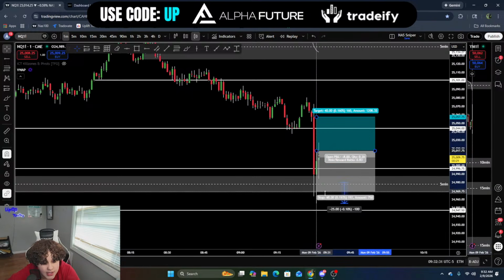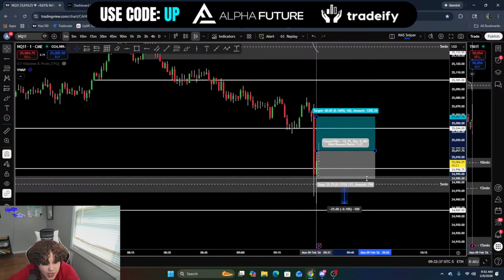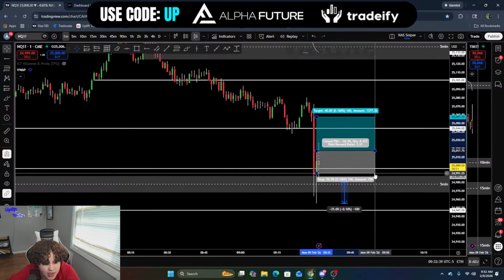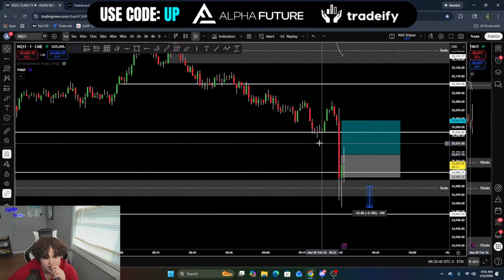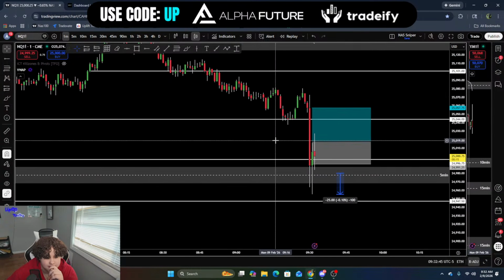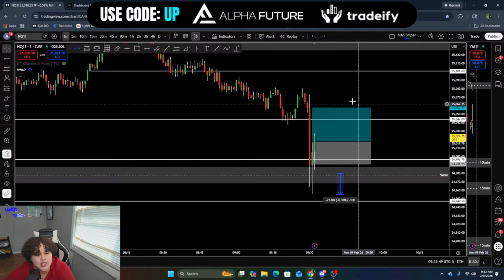I would want my stops to be at the low, but that'd be really, really wide. So honestly I would just keep it tight, which is 106. I would say it's too tight. Definitely a risky trade.